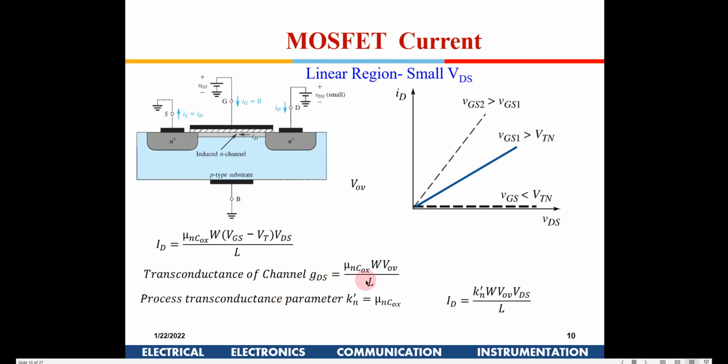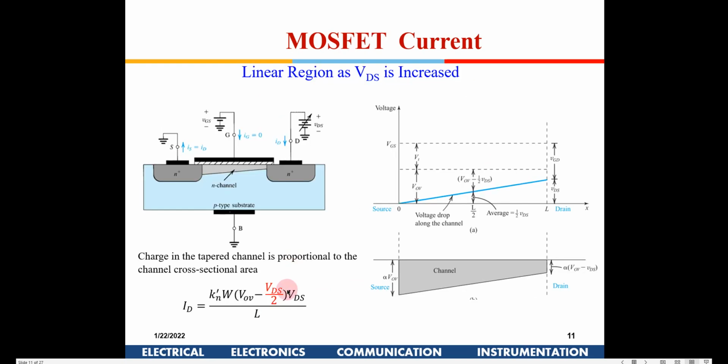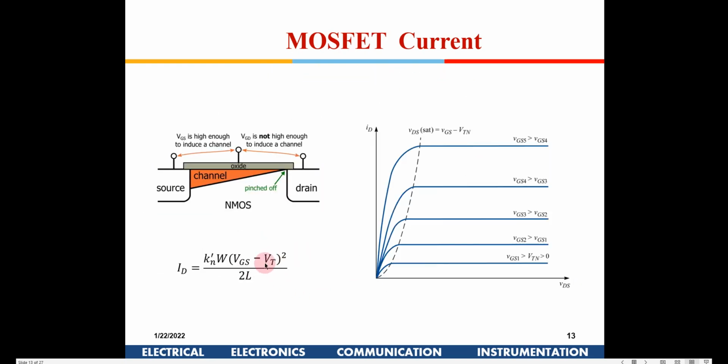In the first stage it is linear, then quadratic in VDS, and finally in the saturation region there is no VDS dependence. So this is what an ID-VDS plot for a MOSFET looks like.